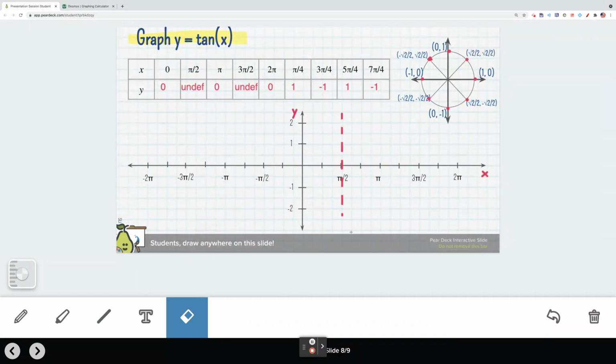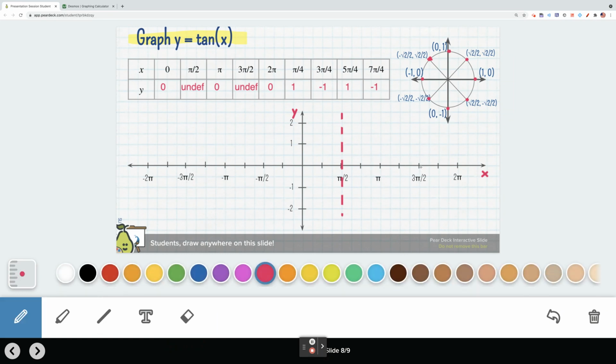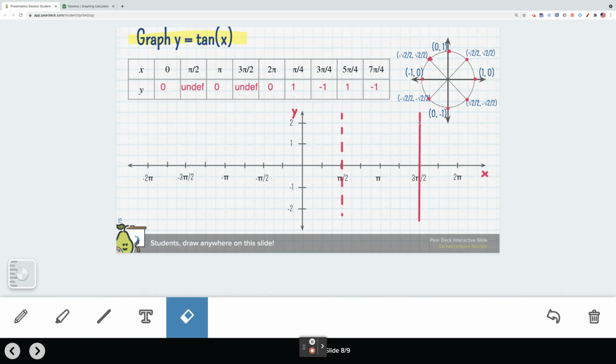Now I have another vertical asymptote at 3 pi over 2. So here we go. Oh, I wasn't on my right tool. At 3 pi over 2. Okay, there it is. And with my eraser, I can make this dotted.